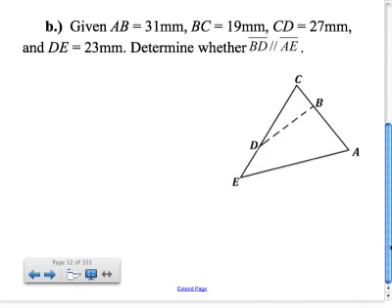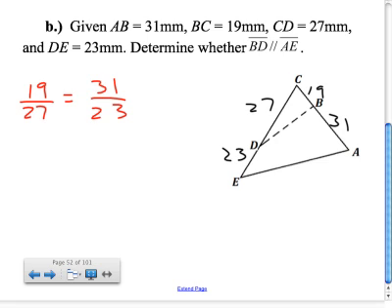Part B here says, if we know that AB is 31, BC is 19, CD is 27, and DE is 23, determine whether or not the two lines are parallel. No different than what we just did. So we have 19 over 27 equals 31 over 23.